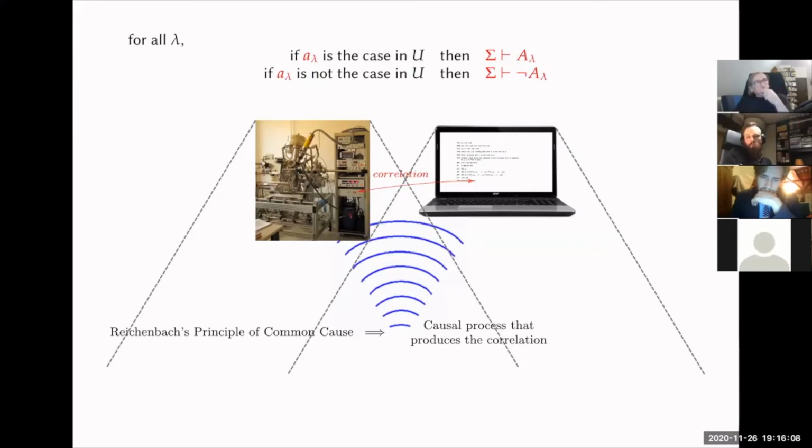Reichenbach formulated it first, and I don't want to go into the details, but in a more general form, it says that there is no correlation without a causal background, without a causal explanation.